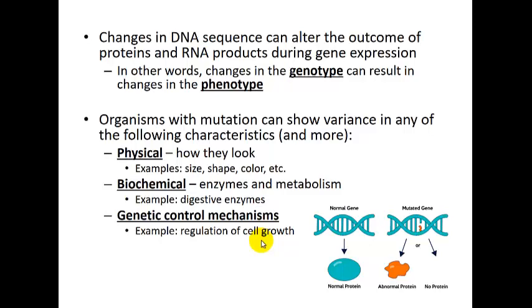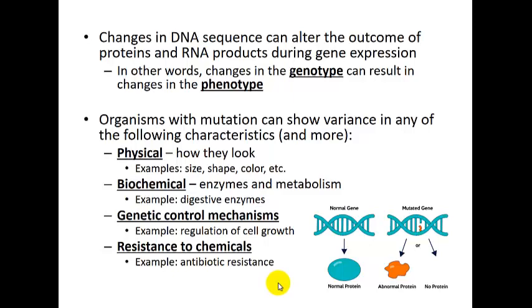Cancer cells are essentially stuck in the on position, and they lose the ability to stop their growth whenever it would normally occur. And these are, in general, mutations in genetic control mechanisms. Another broad category, especially seen in bacteria, is resistance to chemicals, and we see this with antibiotic resistance.